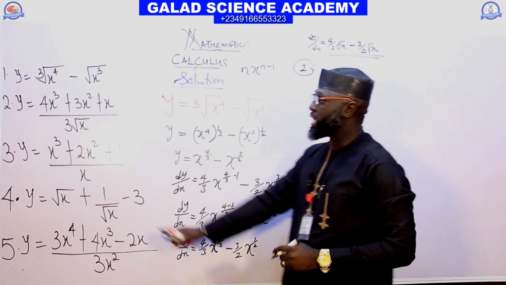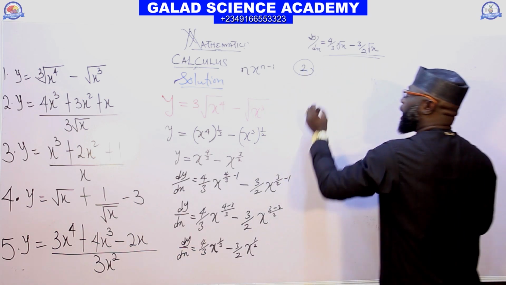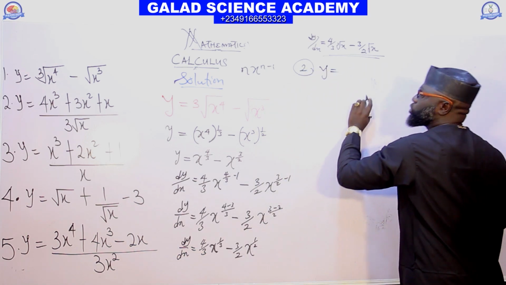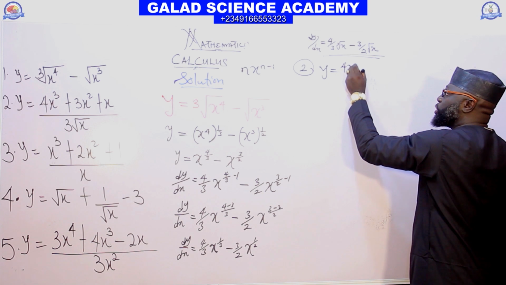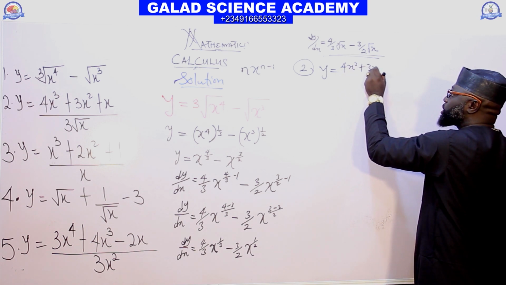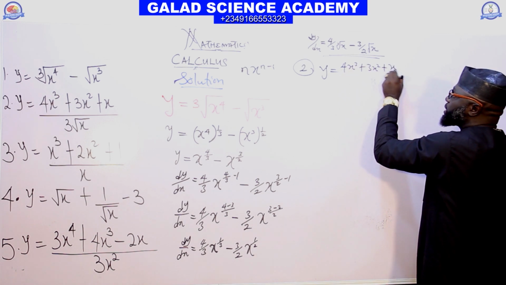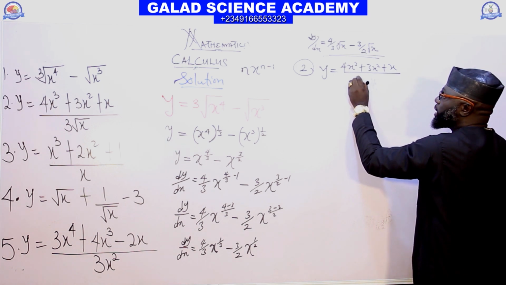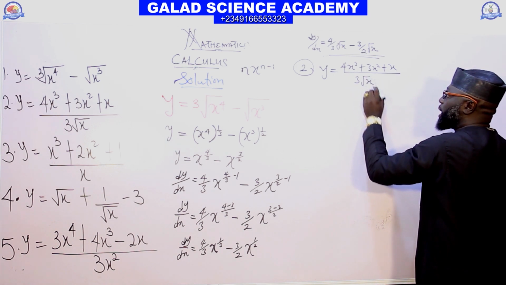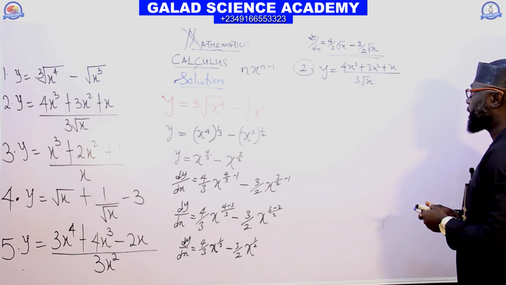Question 2. The second one, we are given y equal to 4x cubed plus 3x squared plus x, everything over 3 root x.